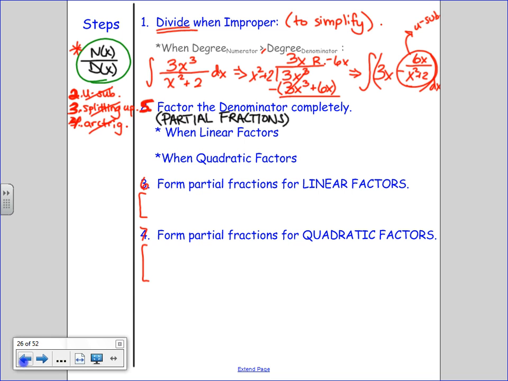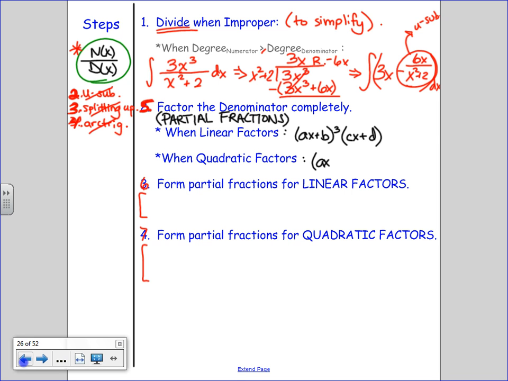Linear factors, what do I mean? Even though they might be squared or cubed or something like that, they're still lines being multiplied together. Quadratic factors would be a little more complicated.